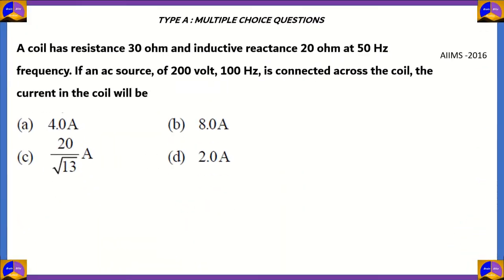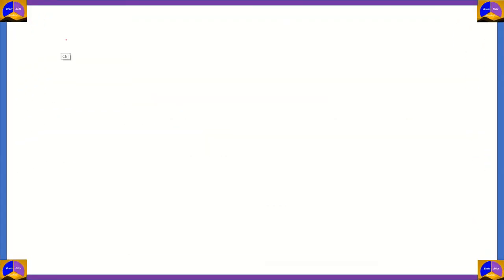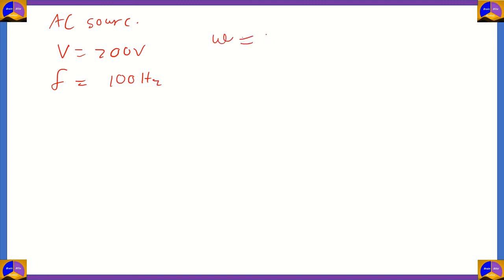So this is the situation when we're not connecting the potential difference. Once we connect the AC source, things change drastically. Let's find out how. So when you have the AC source, V is now 200 volts, but more importantly, the frequency is now 100 Hertz. So if we find the angular frequency, omega is equal to 2 pi F, which is 2 pi times 100.